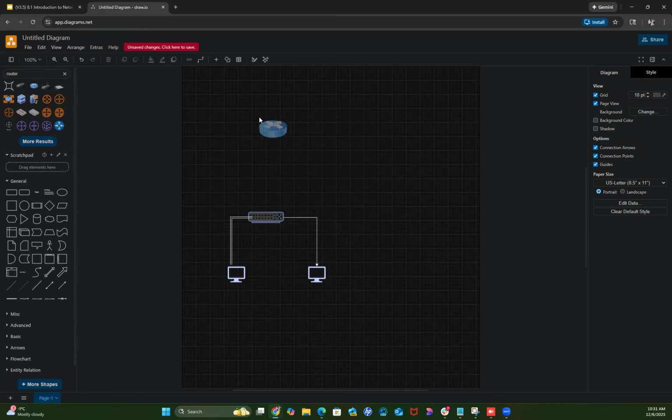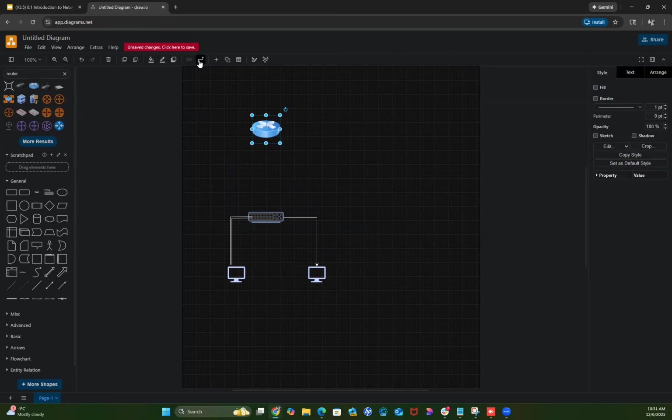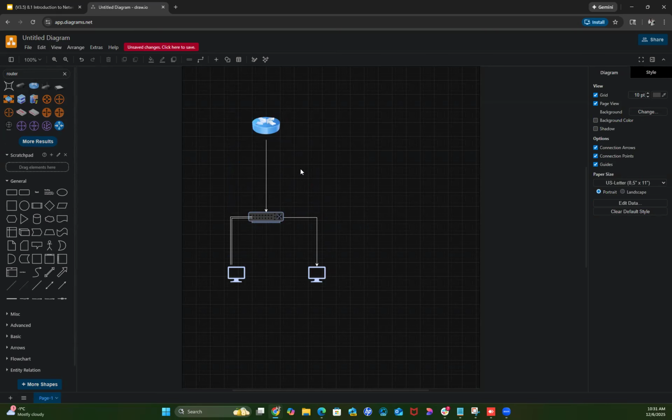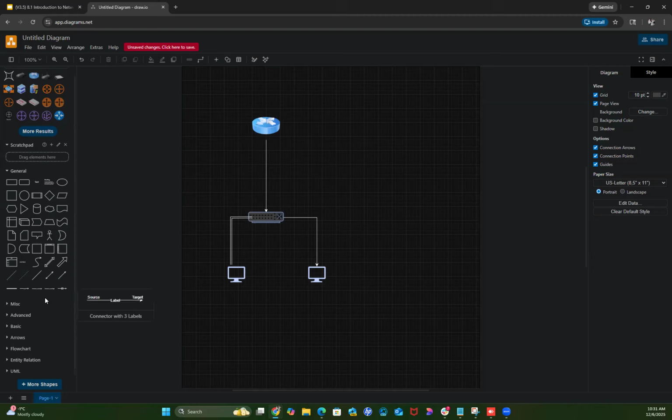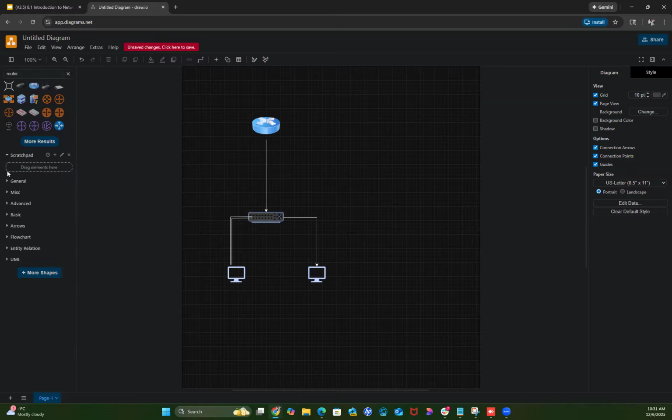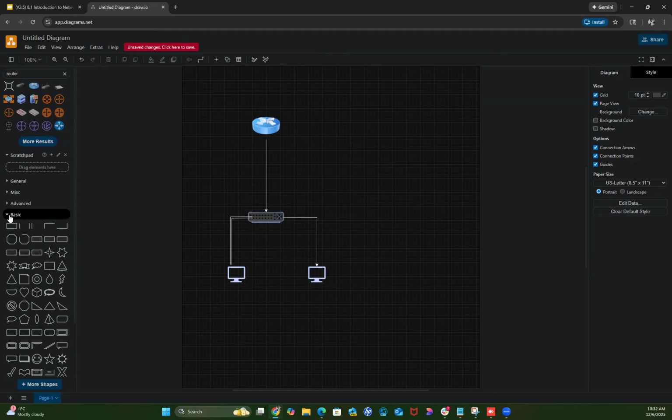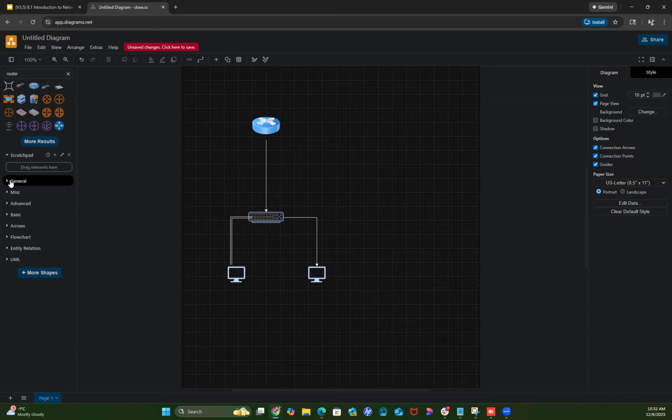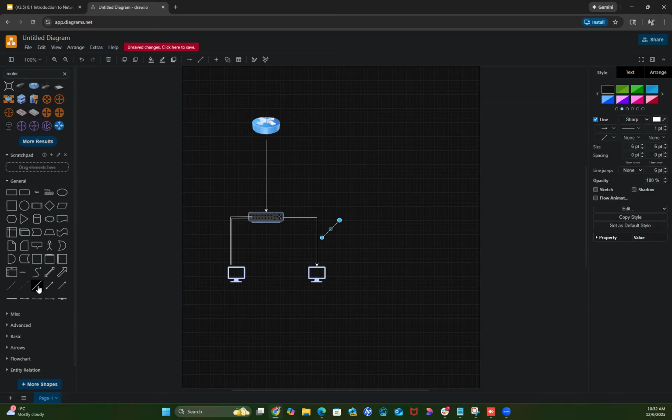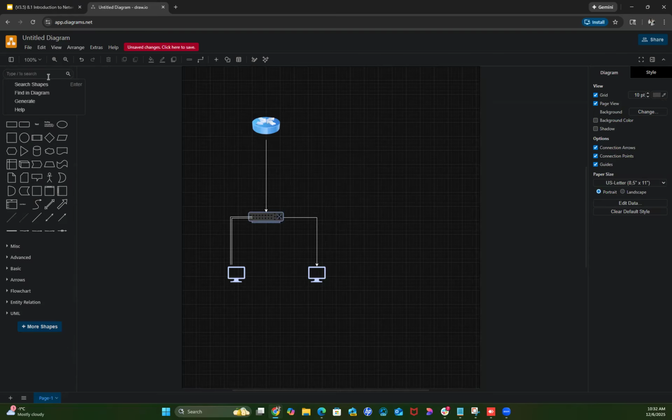So this is the router, and we connect the router to the switch. Now we can write down one firewall.